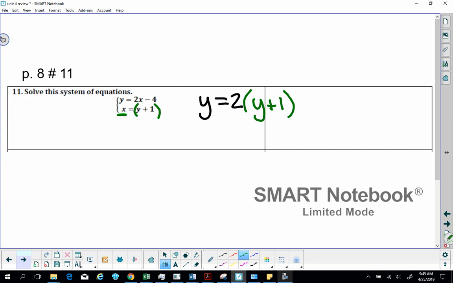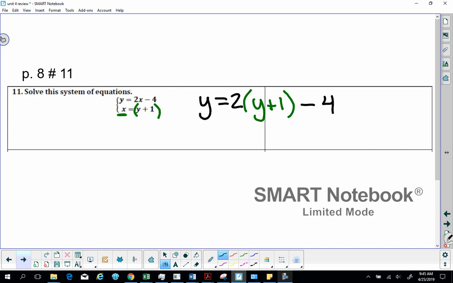So we plug in, instead of x, we put in y plus 1 because they're the same thing. They might look different, but they're the same thing. They told us they were equal. So all I did was rewrite the first equation, but instead of x, I plugged in y plus 1. Does that make sense?